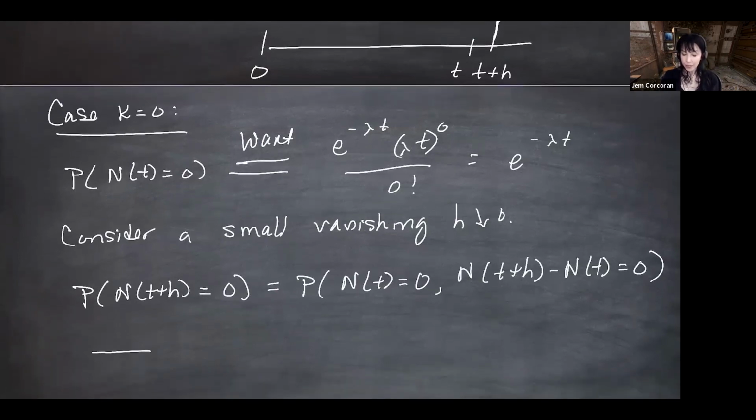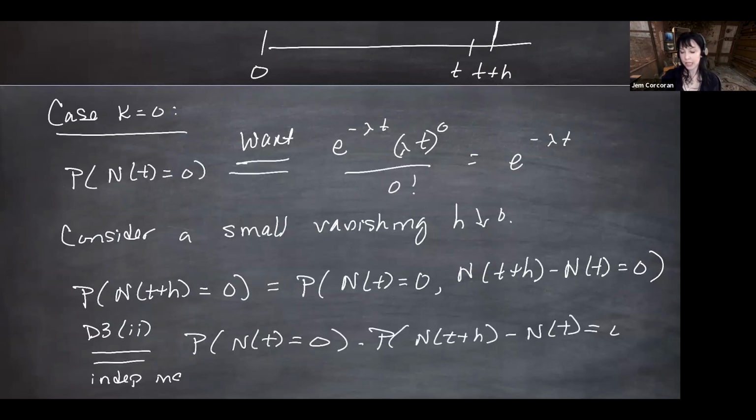Using definition 3 double I, which is the independent increments, I get to break these up. Using definition 3 triple I, I have a little o expression for this guy.